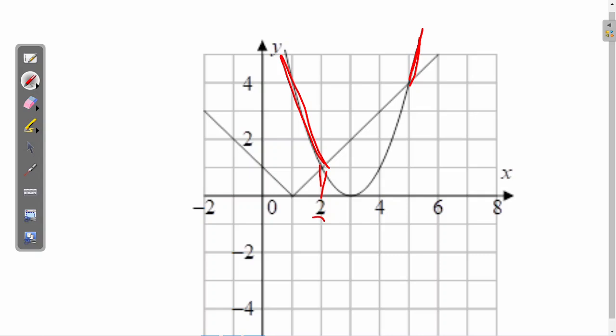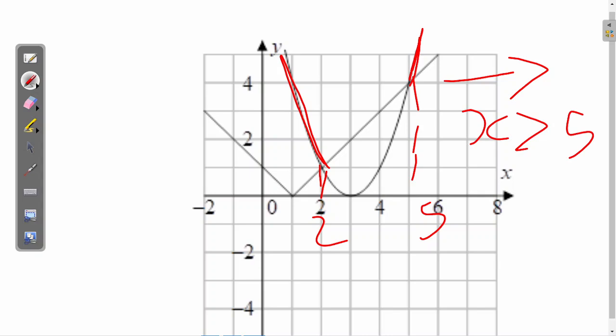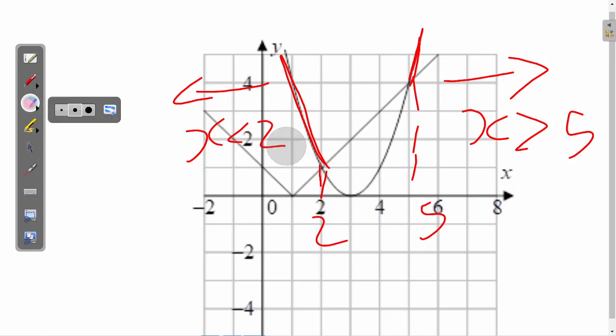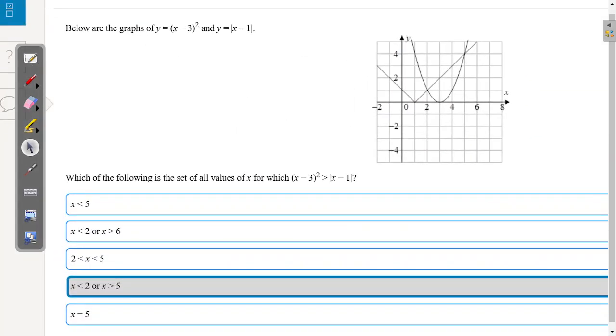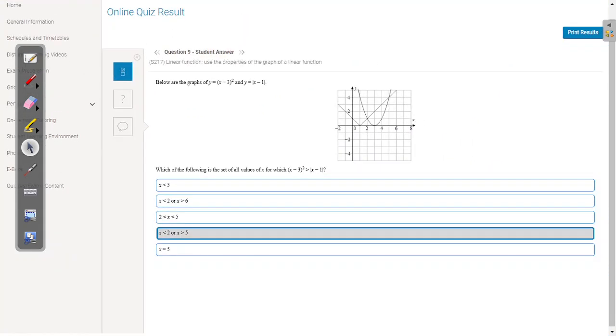It's from 2 and from 5. But look, this one is going this way, right? So it's x greater than 5, the direction of the arrow. And this one's going this side, so x less than 2, again the direction of the arrow. So here you have x less than 2 or x greater than 5.